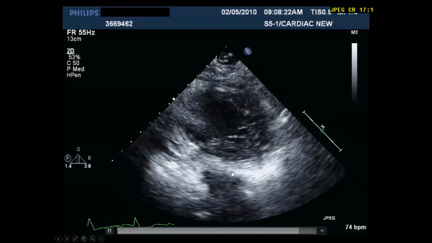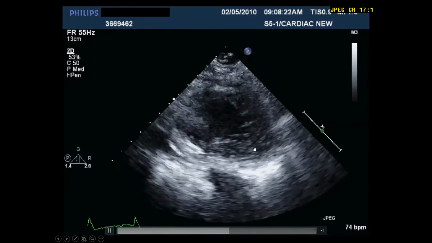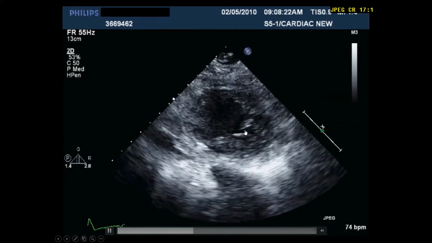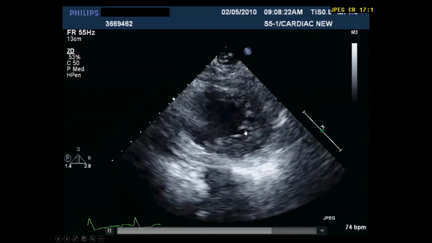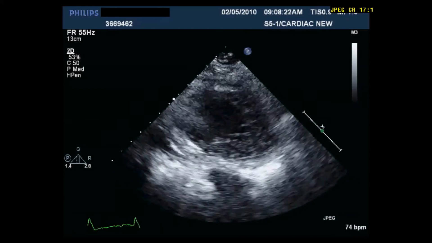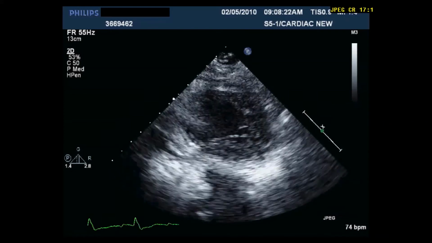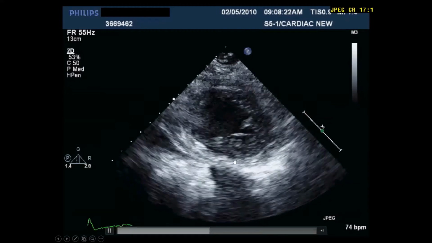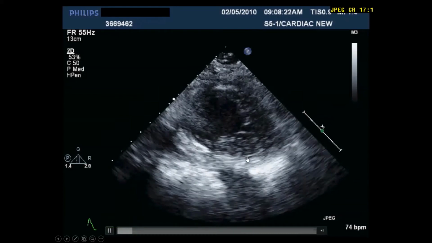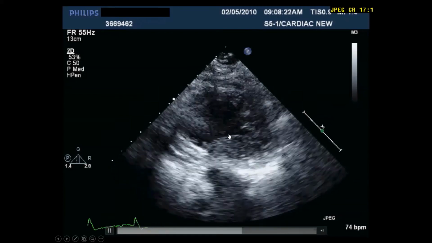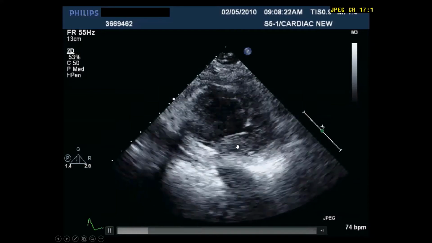Some people describe it as akinetic when the contractility is very weak. The difference between akinesis and hypokinesis is a matter of sensitive eyeballing. If you describe this one as akinetic, I wouldn't give it wrong. But if you say severely hypokinetic, I also wouldn't take it as wrong. It is severely hypokinetic or akinetic, yeah.